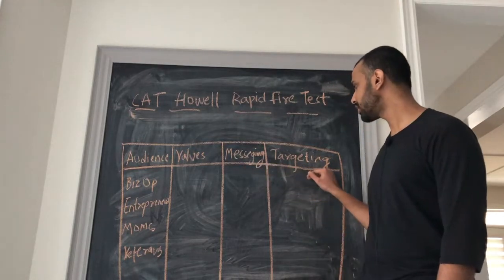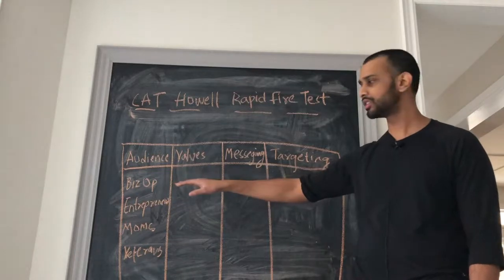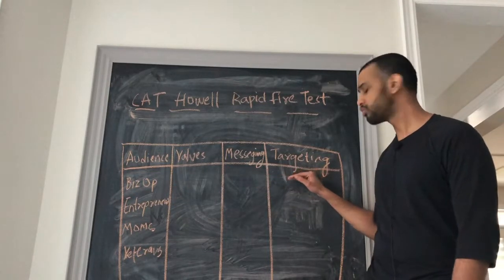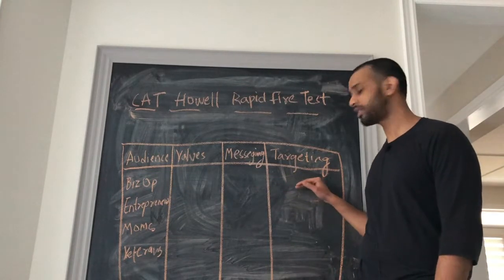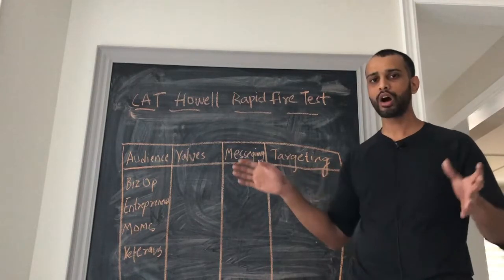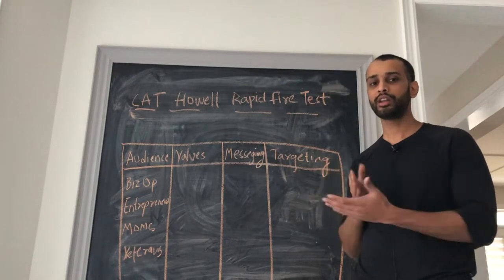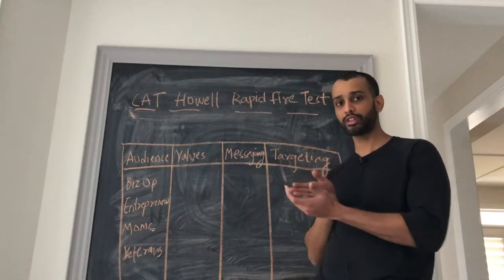And then when it comes down to targeting, what I essentially do is, for each one of these audiences, I create two different targetings, so two different interest groups. One can be broad, where you're going after everything, and the second a little more precise, where you're just going after the people you want.